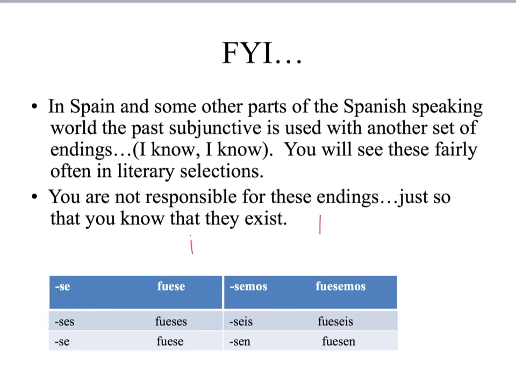We decided to use the verb ir and ser as the example, and so we're using fueron as our base. We're taking off the -ron and we're adding our endings. So just be aware that there's another set of endings for the past subjunctive. Some places use them, other places use the other ones. We're going to go with the other ones. Those are the ones that are more familiar.